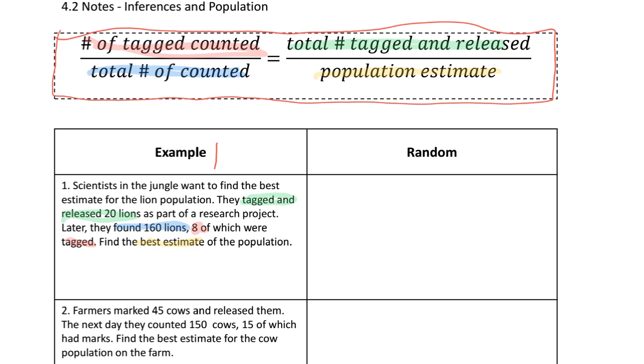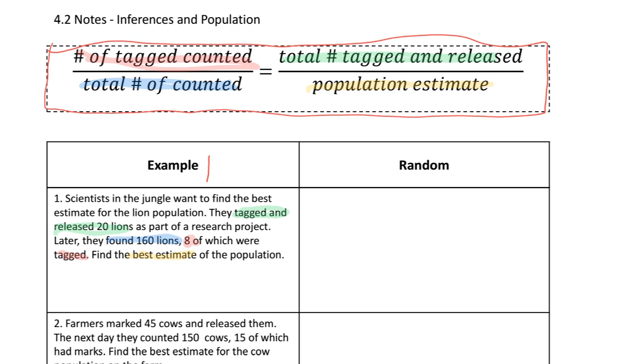All right, so for all of these questions, we're always going to put population estimate as X. That's always going to be our X value. So we're going to set up a proportion where, given the information below, we can fill it in.